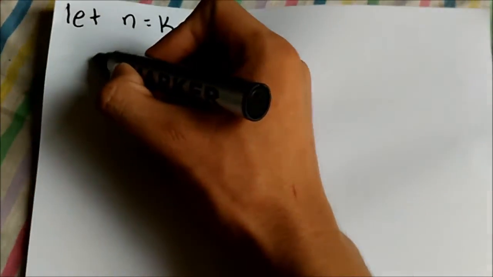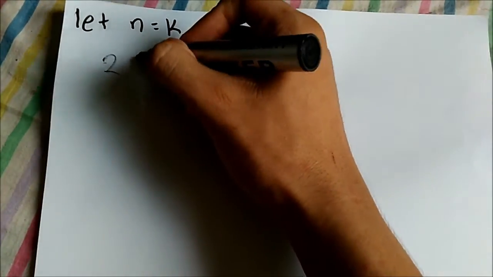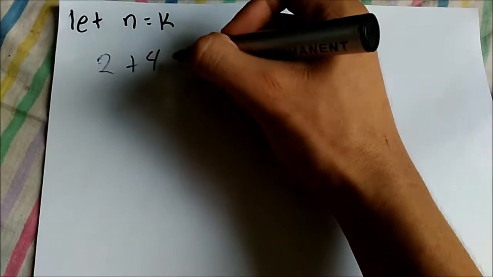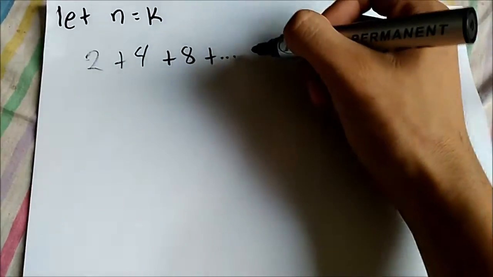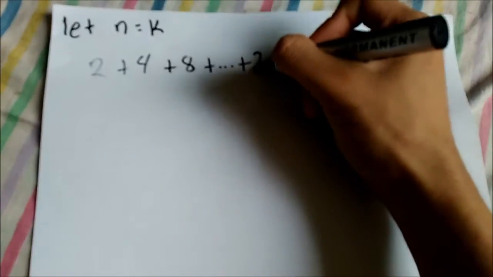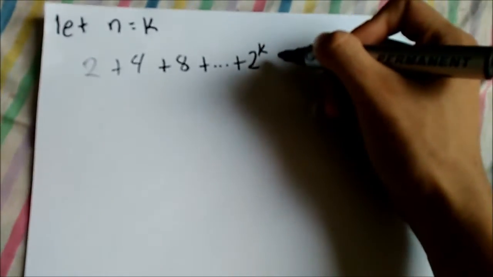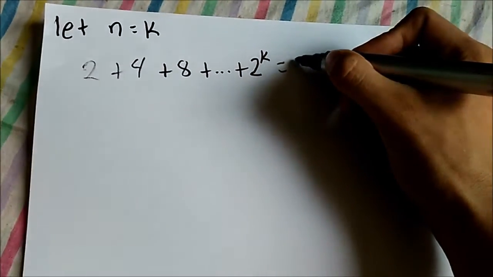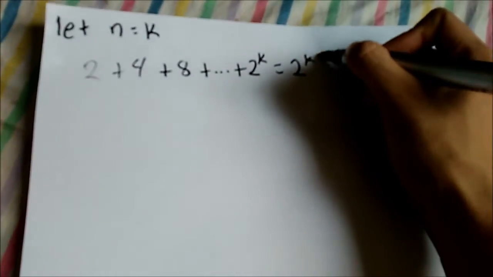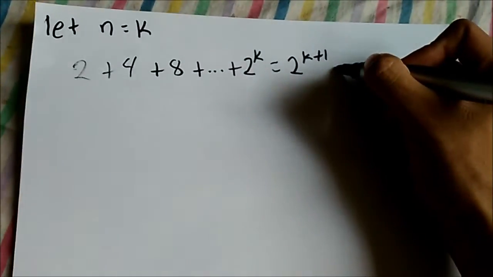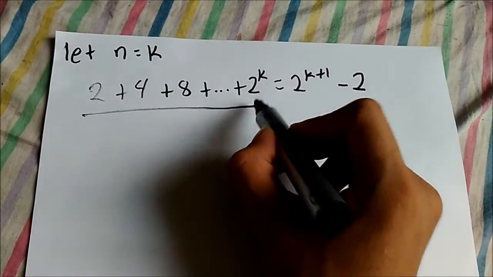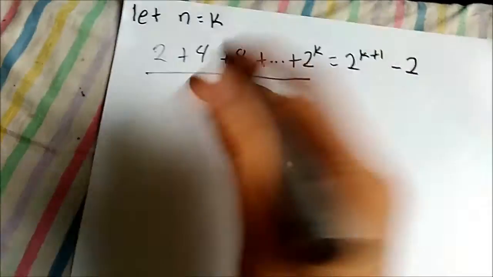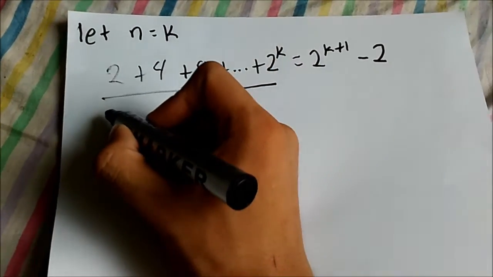The second part, let n is equal to k. 2 plus 4 plus 8 plus 2 raised to k is equal to 2 raised to k plus 1 minus 2. So again, that is your conjecture, and it is also equal to 2 raised to k plus 1 minus 2.